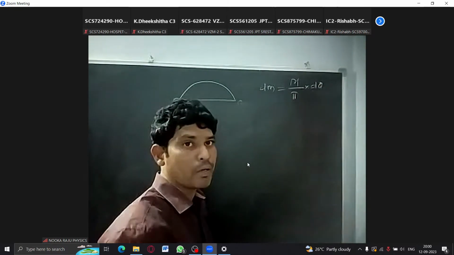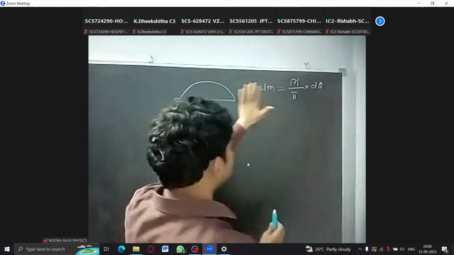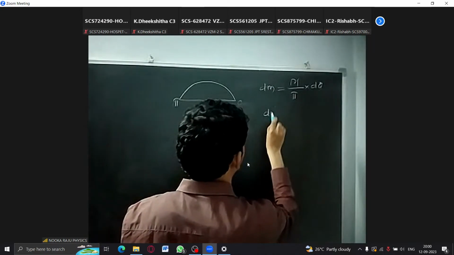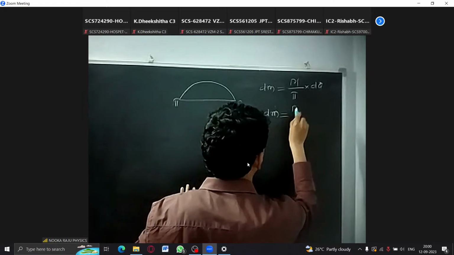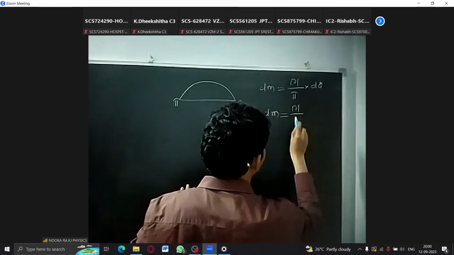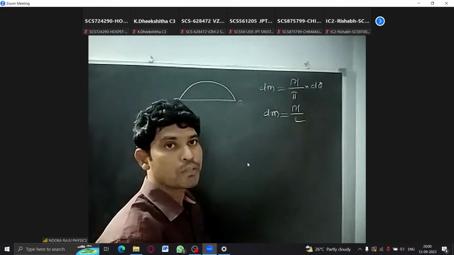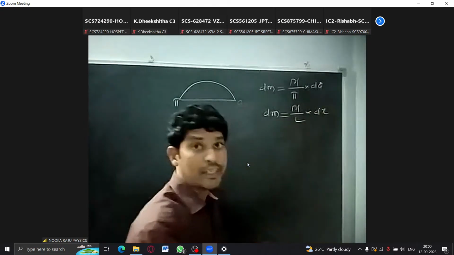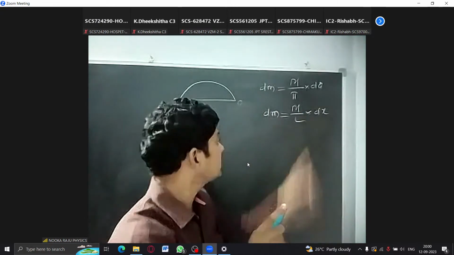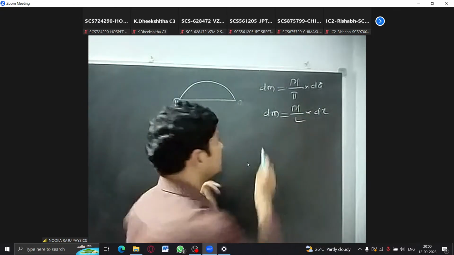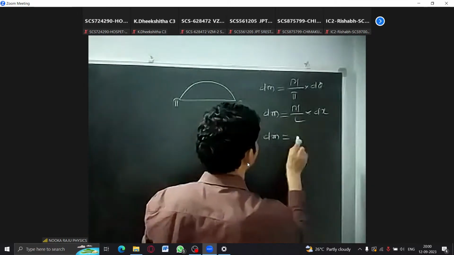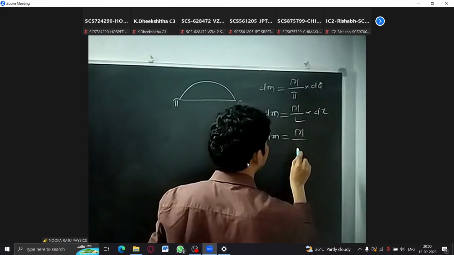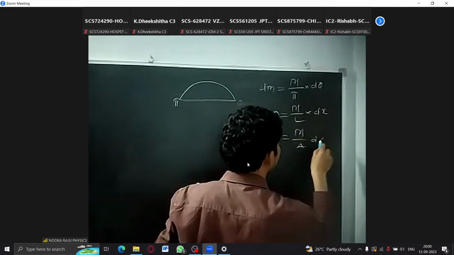For example, m by unit length L, into dx, as I did previously. Or unit area into the area.